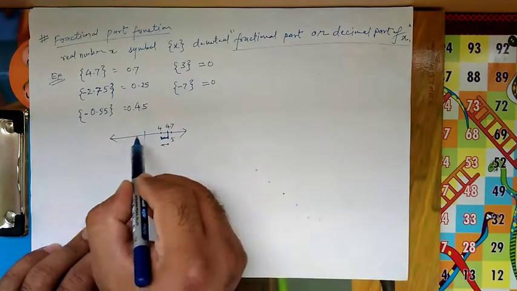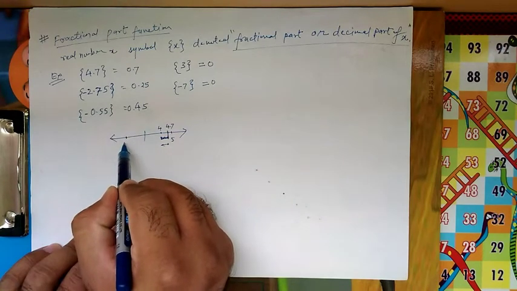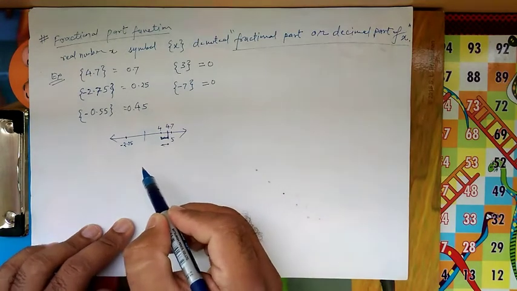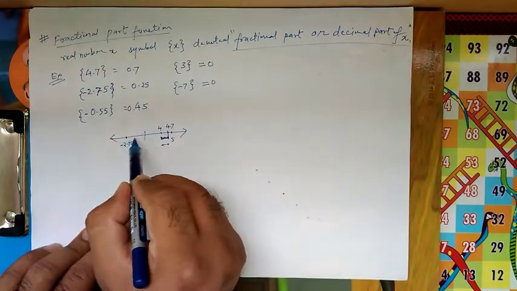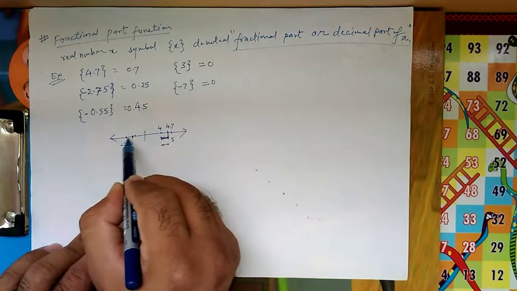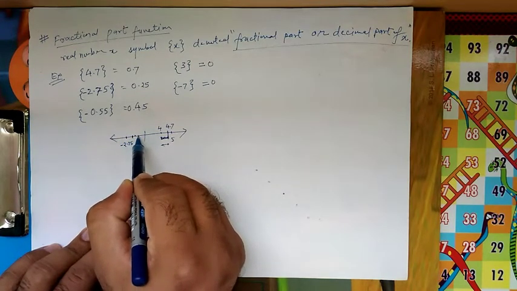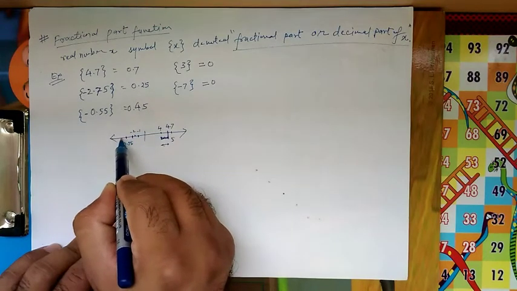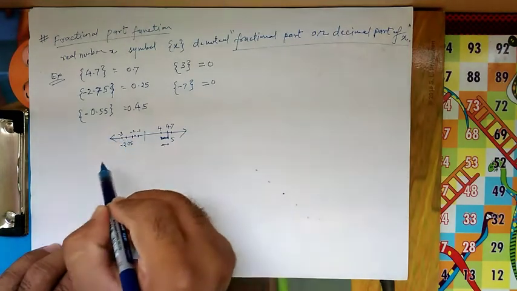And if we say this is 2.75 in that negative sign, so this is -1, this is -2, this is say here it is -3, let us say.